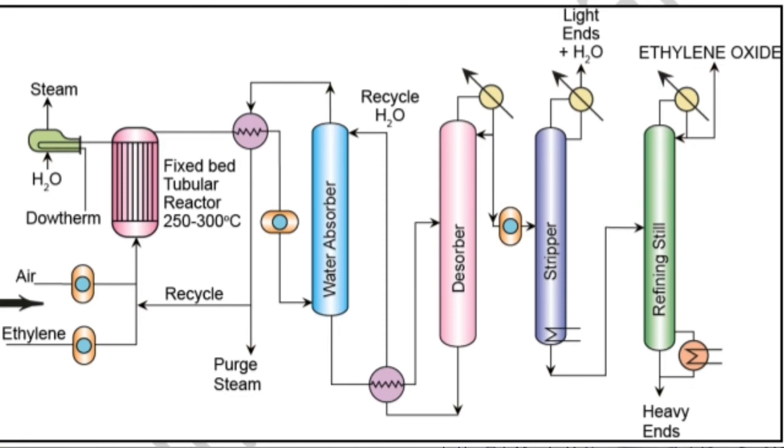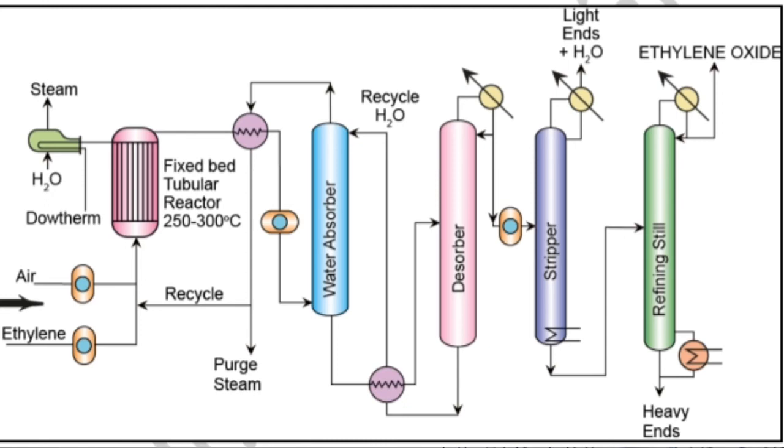The flow is designed such that the residence time is only 1 second, which gives 60 to 70% yield. Then the effluent gases from the reactor are water washed under pressure in a water absorber.